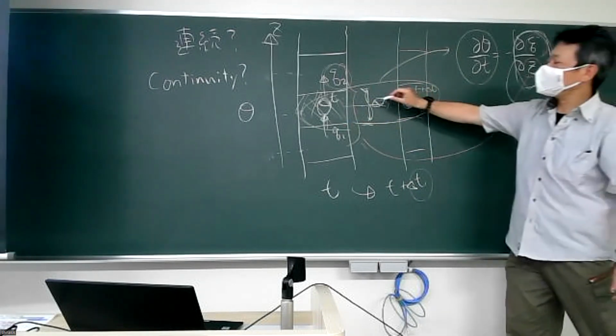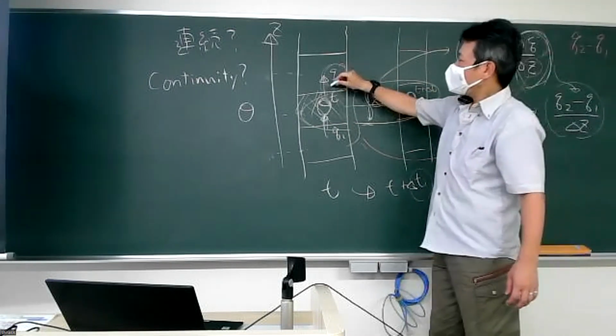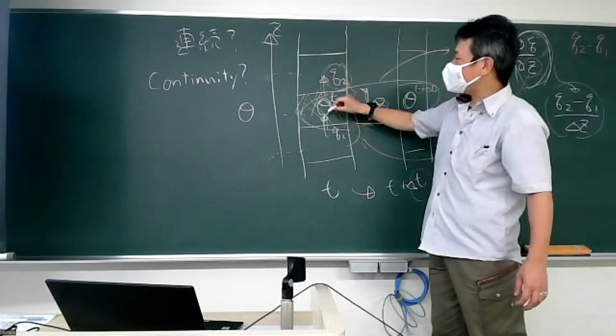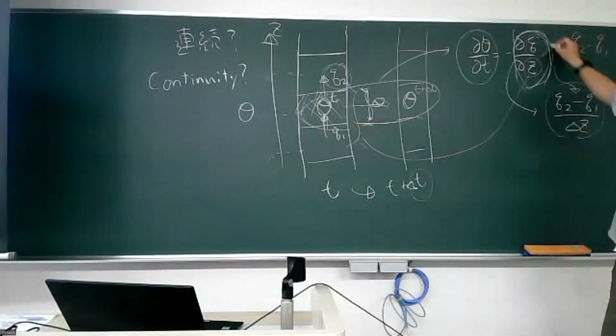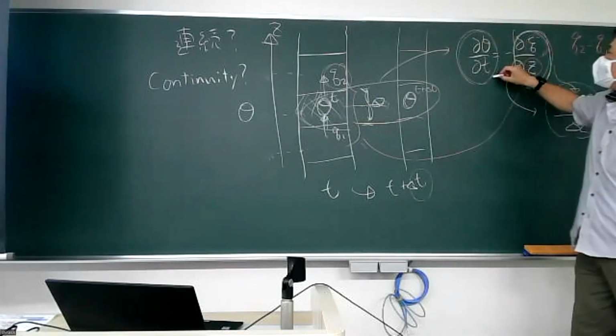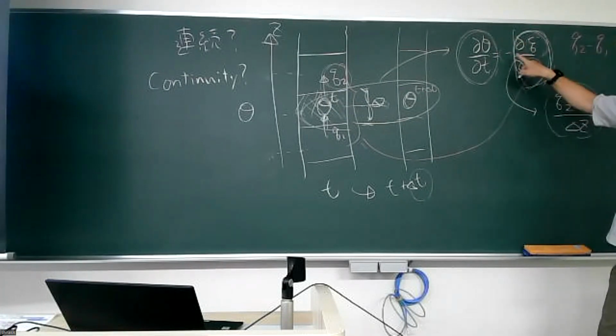But at that time, if the Q2 is larger than Q1, the theta will be decreased. So if this is the plus, this theta becomes minus.